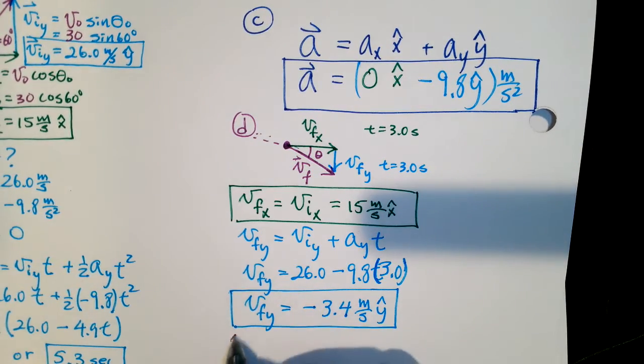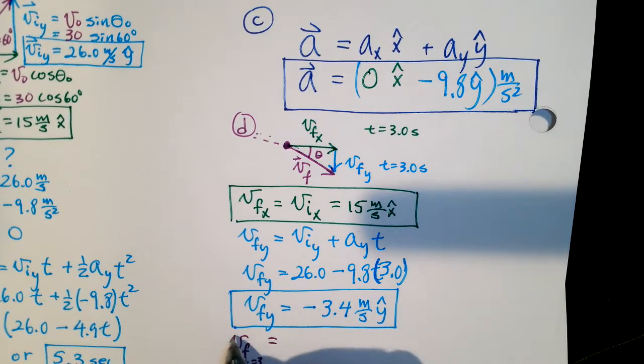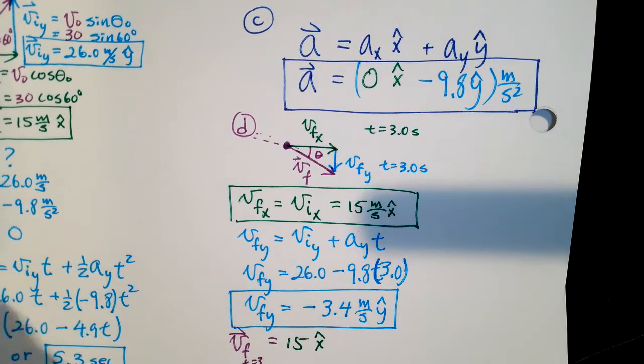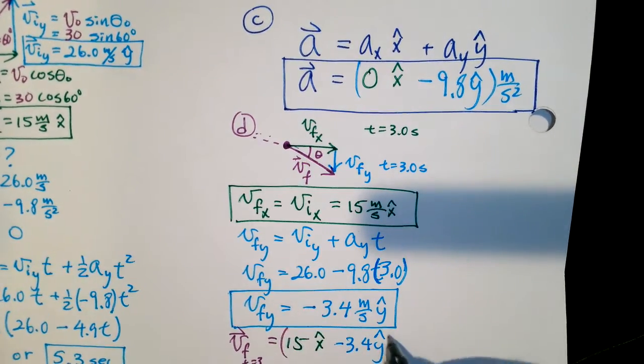So my VF, when t is equal to 3 seconds, is simply 15 x hat minus 3.4 y hat meters per second.